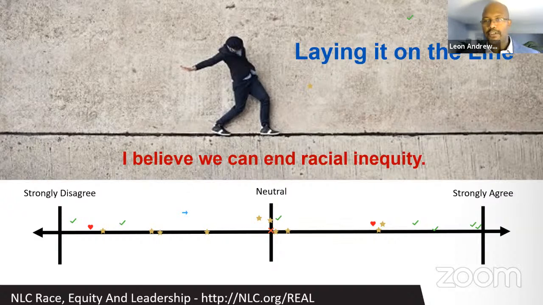All right, we're going to start on the strongly disagree side here, and wanted to see those that are kind of leaning on the strongly disagree side. What about this statement puts you here? I believe we can end racial inequity.